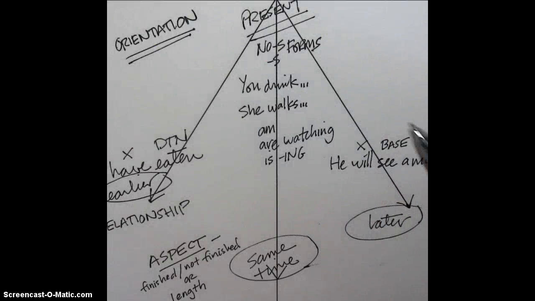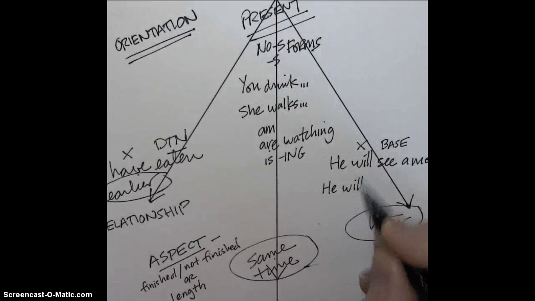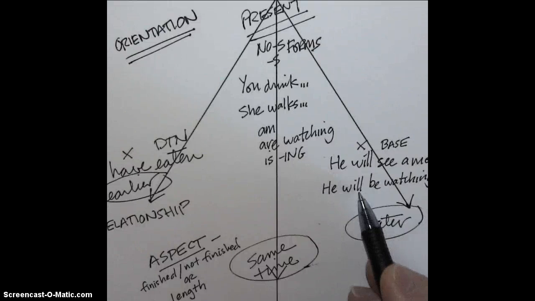So I'm thinking about present, I'm thinking about later, and then I'm thinking about an action that's not finished or has some length later. So we could say something like, he will be watching a movie tomorrow evening at about 7 o'clock. The will shows me it's later.